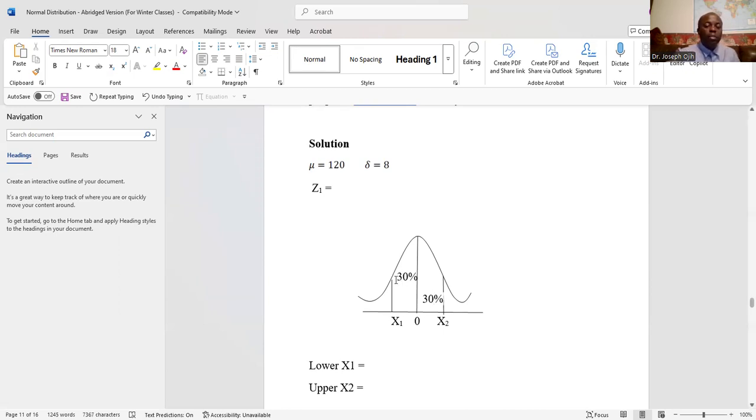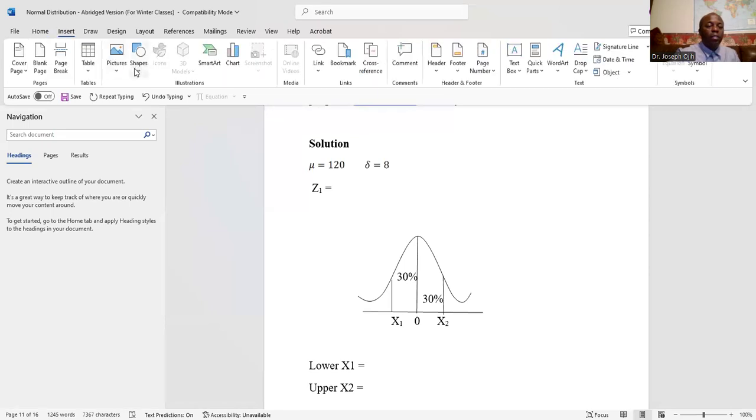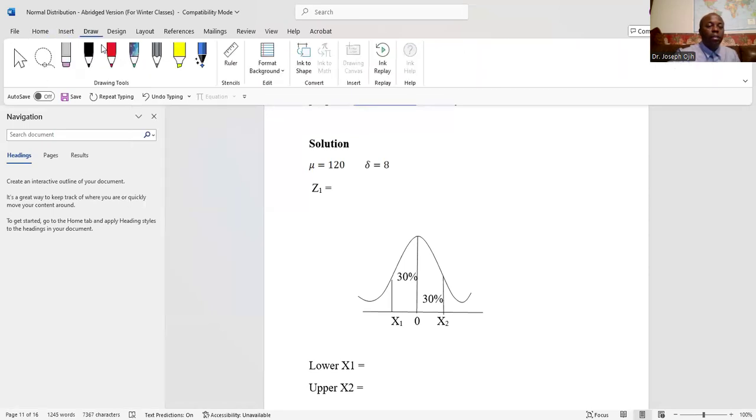So we're talking about the middle 60, and we're going to shade the middle 60 based on their blood pressure. Half of it is 0.30.